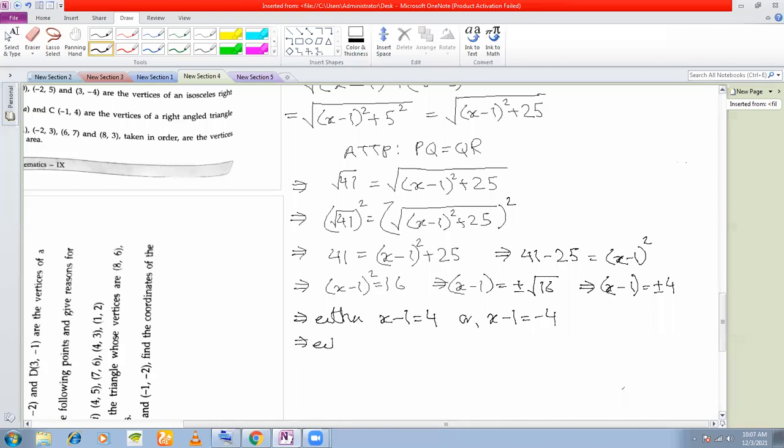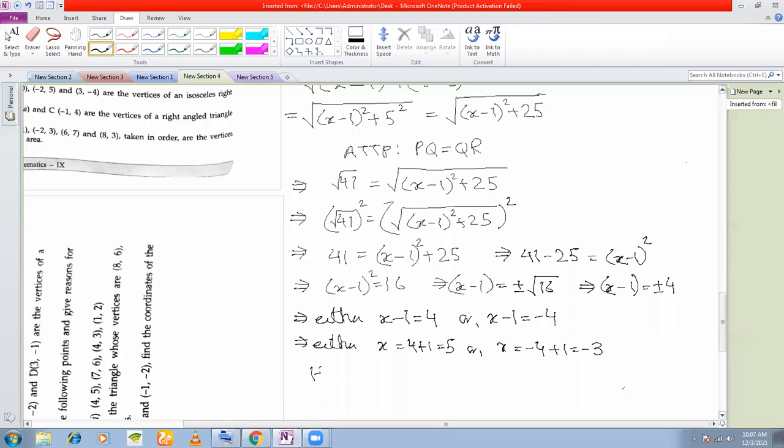That means either x is equal to 4 plus 1, which is 5, or x is equal to minus 4 plus 1, which is equal to minus 3. So we're getting two values of x.